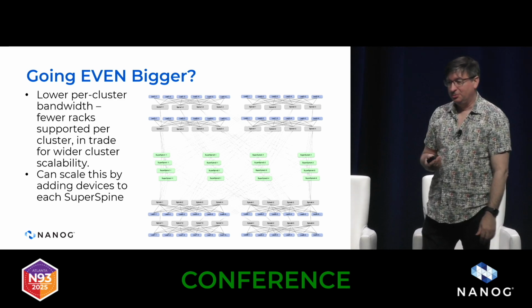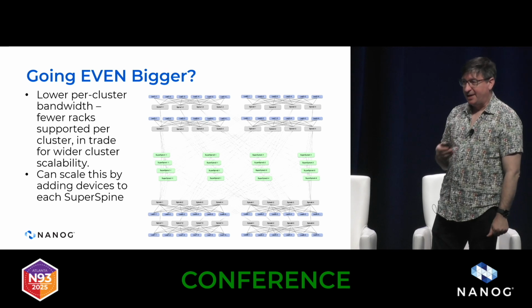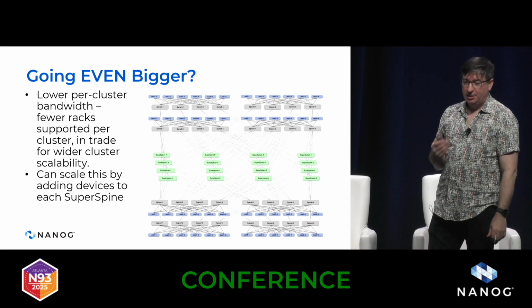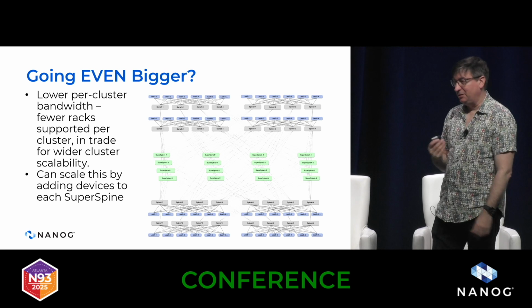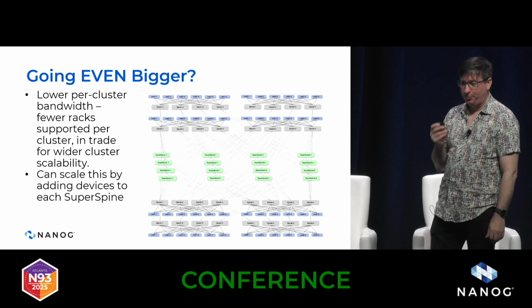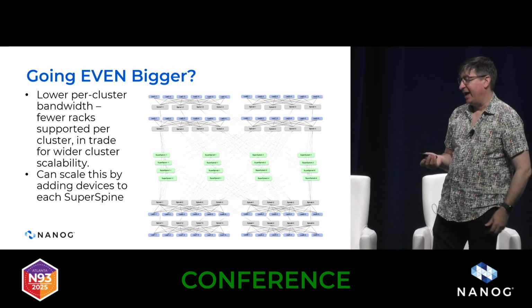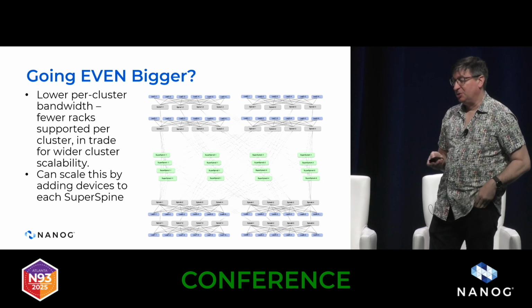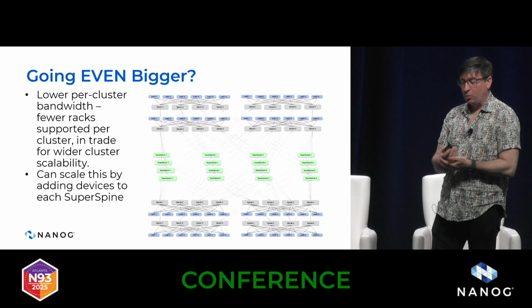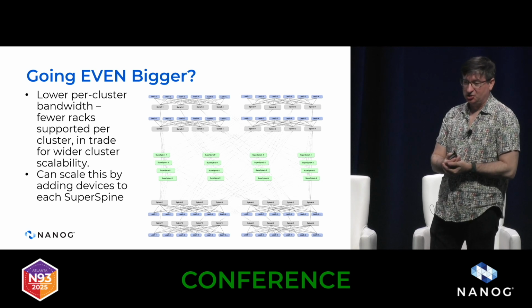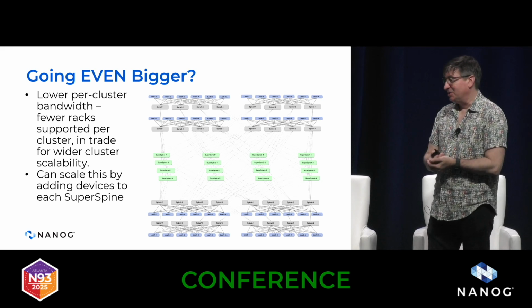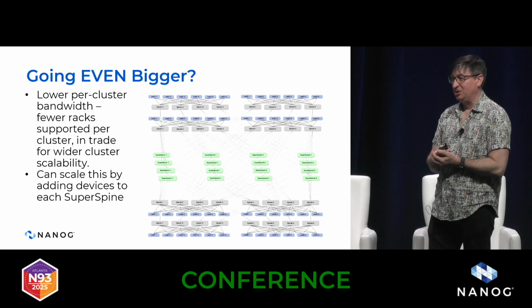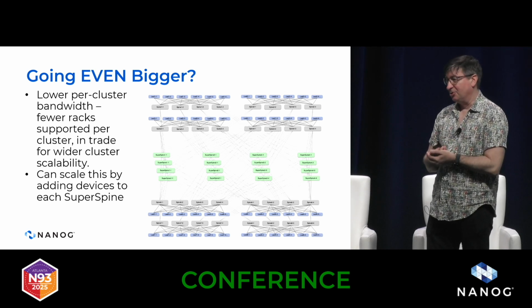What this gives you, there's a couple considerations here, is that inherently you wind up with less bandwidth per cluster than what you might have in your earlier designs. So what you're going to see is that in these designs, you'll typically see fewer leaves in each cluster. But at the same time, this dramatically expands the number of clusters that are supportable.